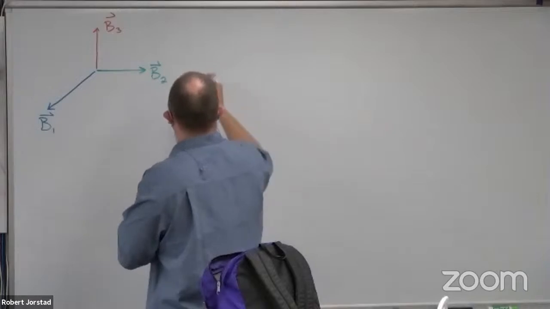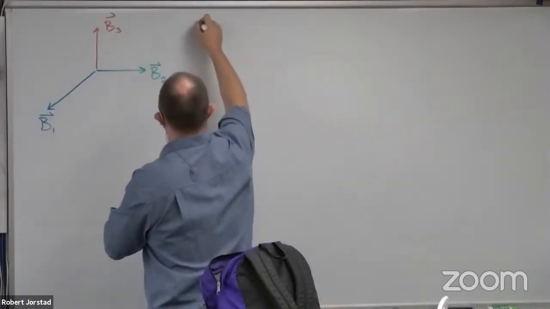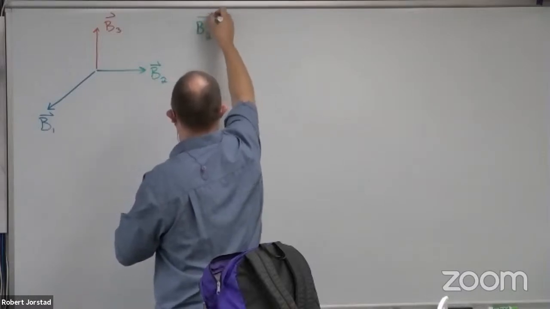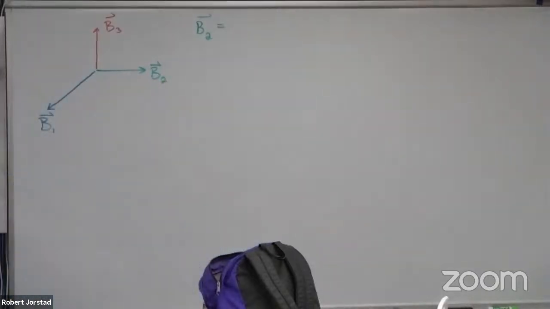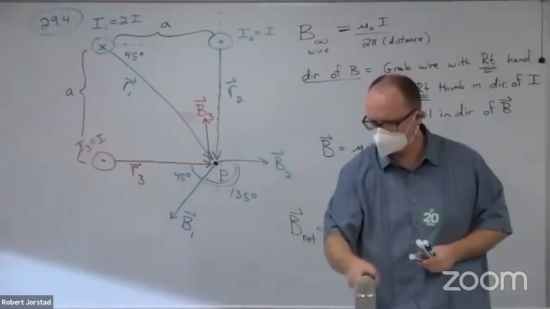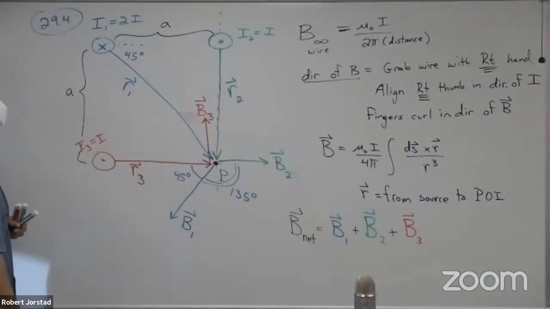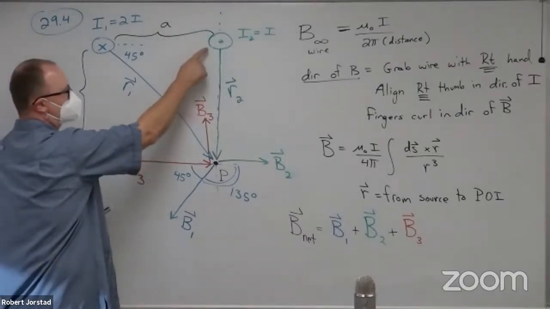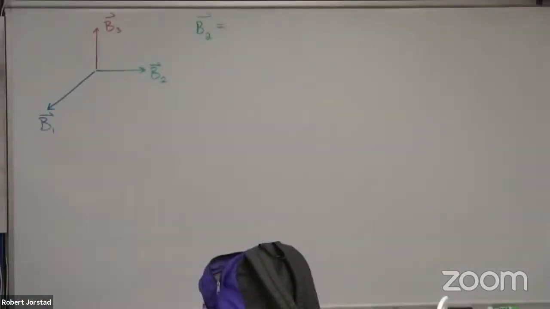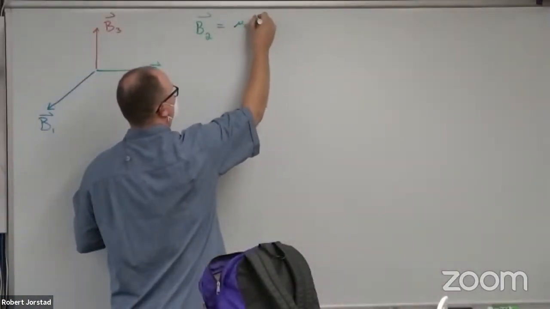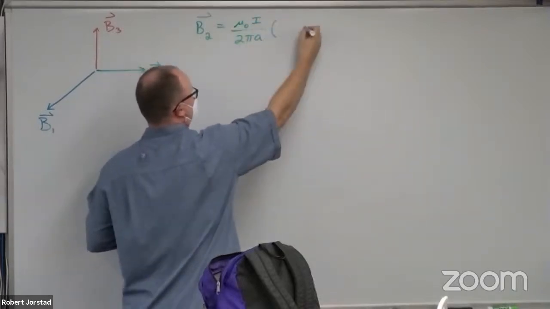Now, if you recall, let's get the magnitude of these fields. So we started with B2. I'll just write that up here. What is the magnitude of B2? Let's go back over to the previous board. I need mu naught I over 2 pi distance. What was the distance for wire 2? A. So it's mu naught I over 2 pi A. The distance for this one was A. And then what's the direction?